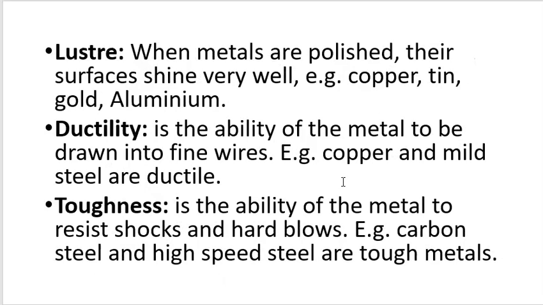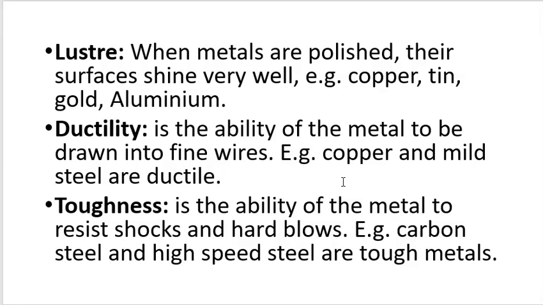Then we have luster. The same way wood has luster as a characteristic, metals also have luster. When metals are polished, their surfaces shine very well, e.g. copper, tin, gold, aluminium.